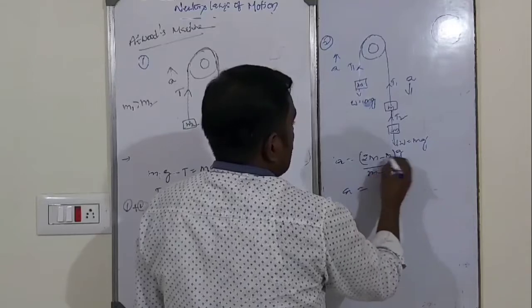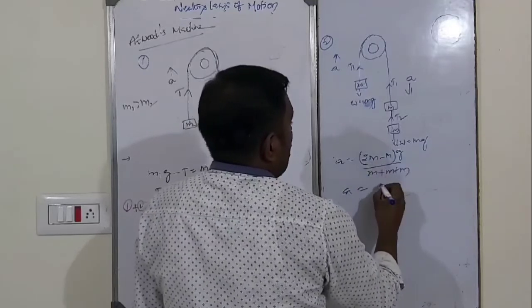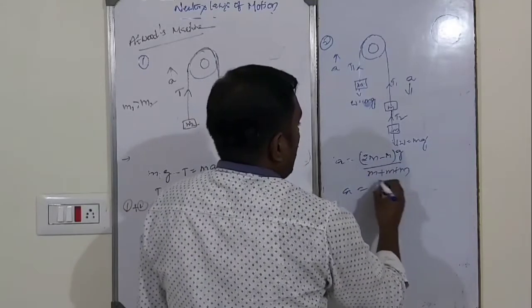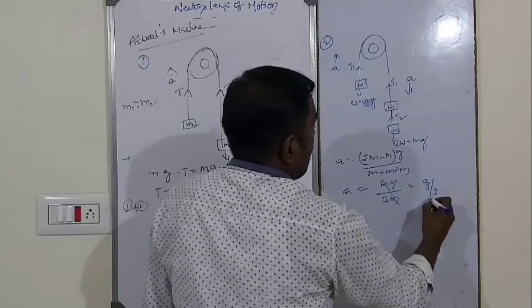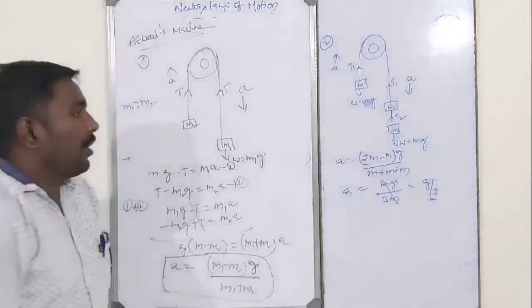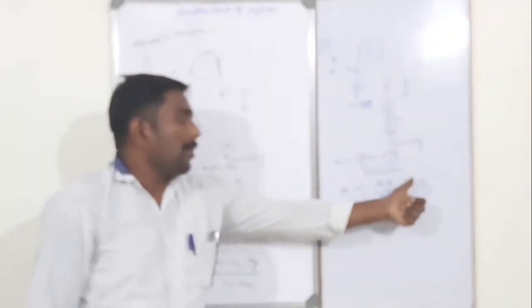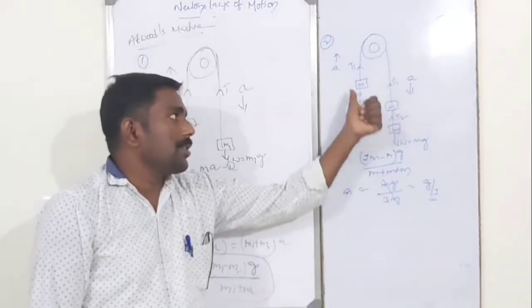So A is equal to 2m minus m, mg by 3m. Cancel out, that is g by 3. This is the common acceleration of the Atwood machine in this case.